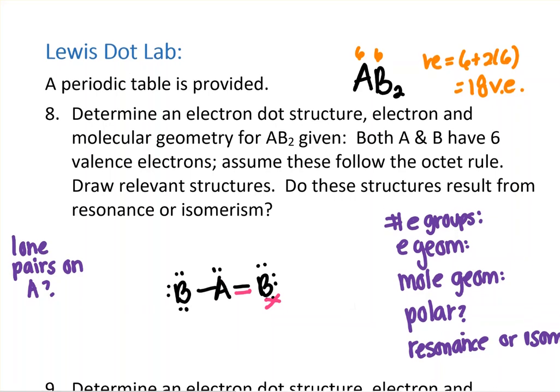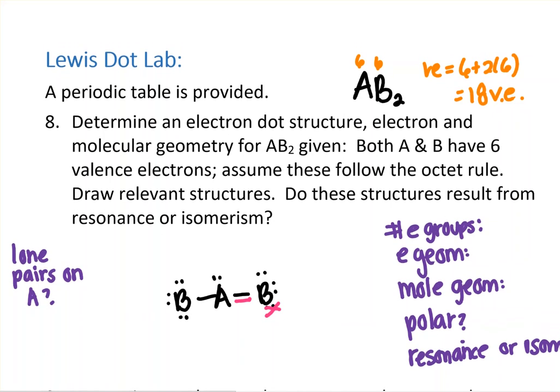But when I made that double bond, you can tell I had to make a decision. I had to decide which side to make the double bond. So I need to draw both ways. Okay, and I draw both ways, and in this case, that means I have resonance.